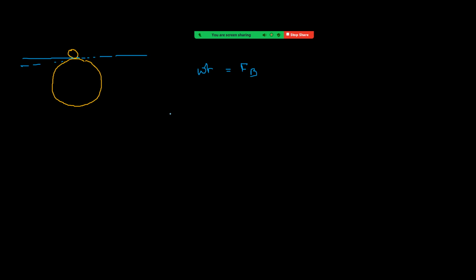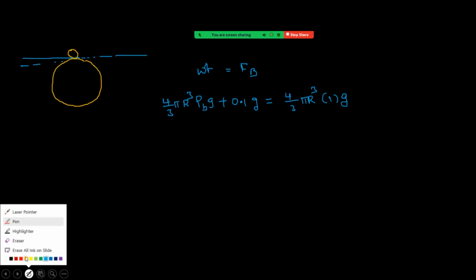Weight of both means 4 by 3 pi r cube into density of body into G, that is the weight of the sphere, plus the weight of that body, 0.1 into G, right? That is equal to buoyancy force, 4 by 3 pi r cube, that is volume, into density of water into G, right?